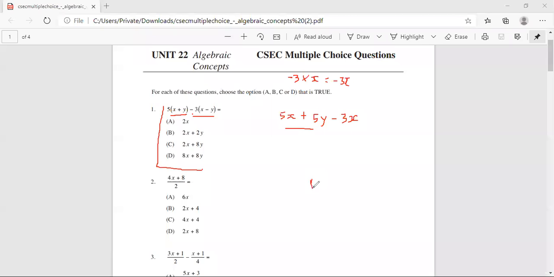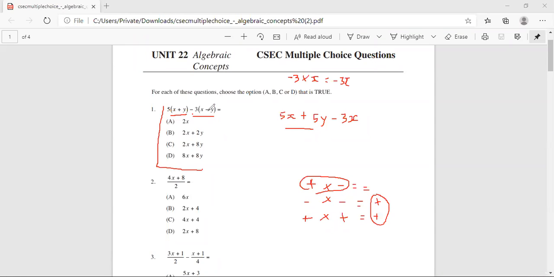When you see a plus sign multiplying a negative sign, we end up with a negative. But when we see a negative multiplying a negative, we end up with a positive. Positive multiplying positive will give me positive. So when these signs are different and they're multiplying, it means that we get a negative. When the signs are the same and we multiply, it means we get a positive.